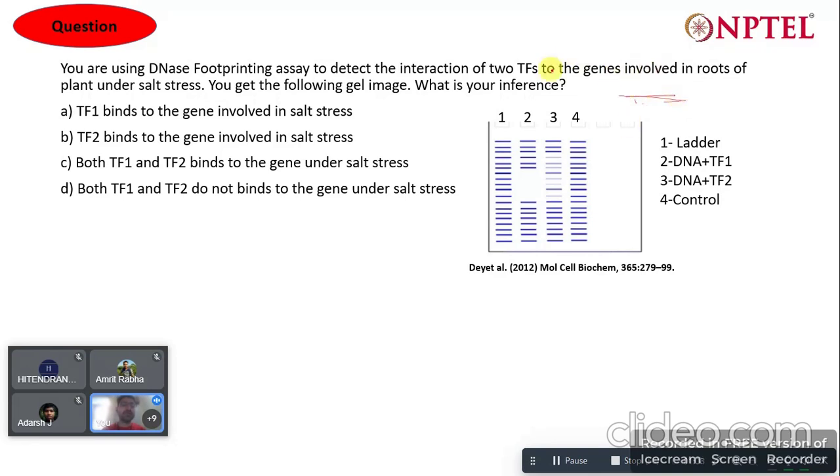We have to find which transcription factor binds to this gene using the DNA footprinting assay. This is the gel image given, and these are the sequences. One is the ladder, second is transcription factor 1 bound to the DNA, third is transcription factor 2 binding to the DNA, and fourth is the control. So what can you infer from this graph?